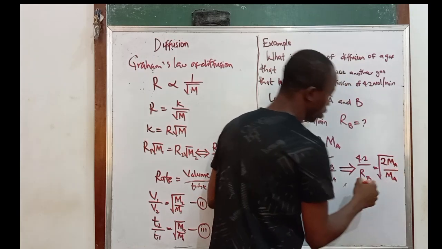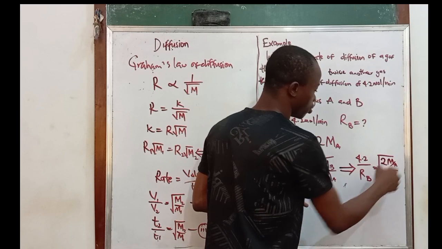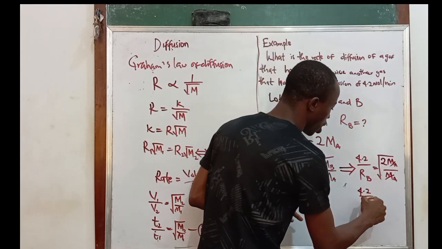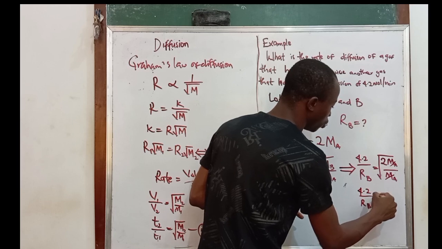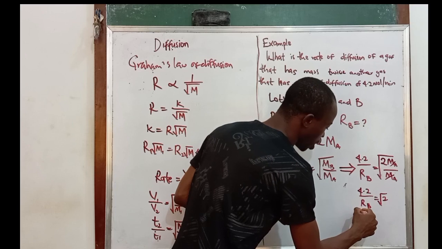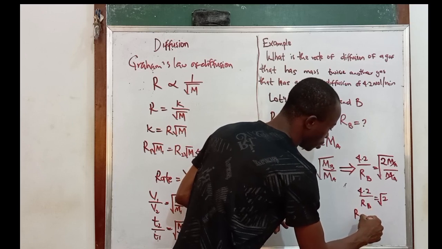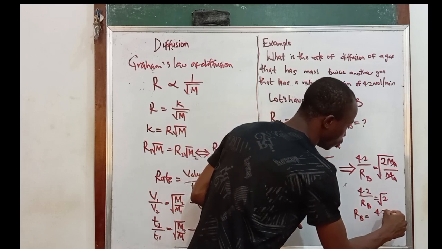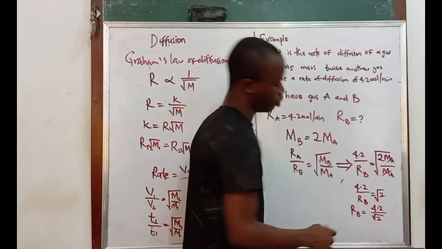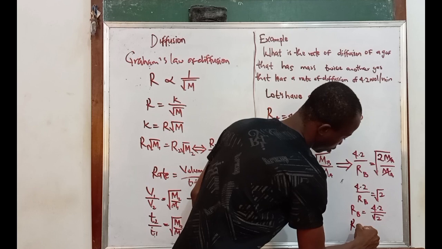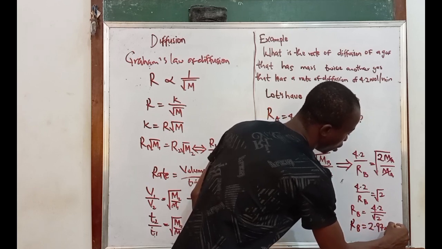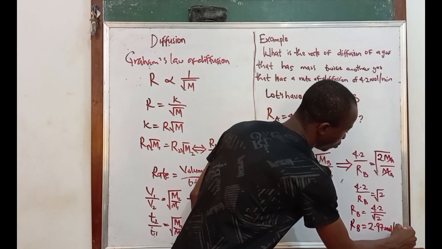Then we cancel MA, and we have 4.2 over RB equals the square root of 2. And that implies that RB equals 4.2 over root 2. Therefore, RB equals 2.97 mole per minute.